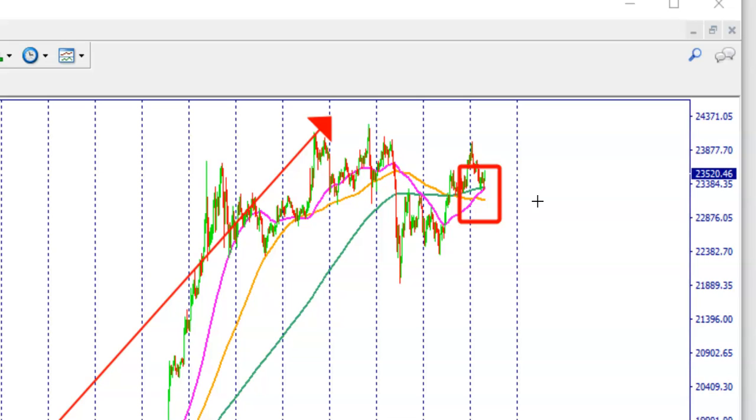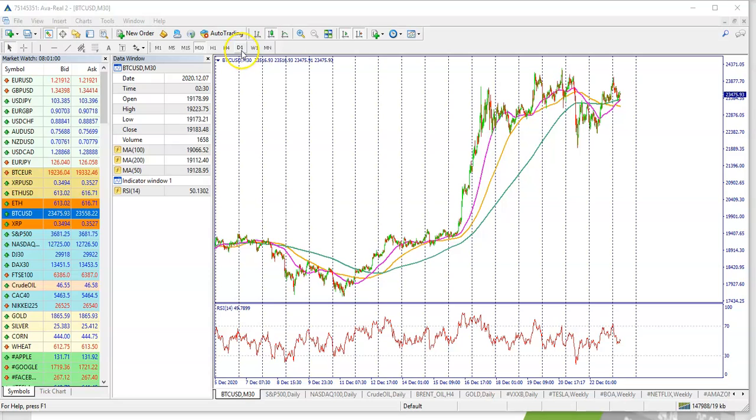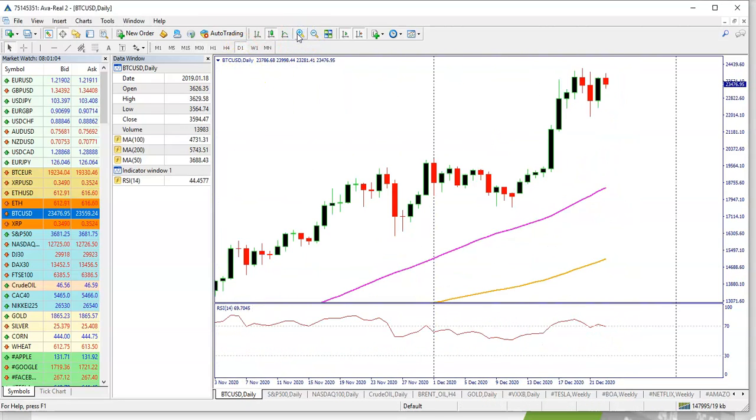So that means that the breakout trade that we talked about on the daily time frame has quite a lot of importance. Let me go back to the daily time frame once again, and let me increase the size of this one as well, and then we're going to draw our price levels on the daily time frame. So this is the price level that I've talked about.